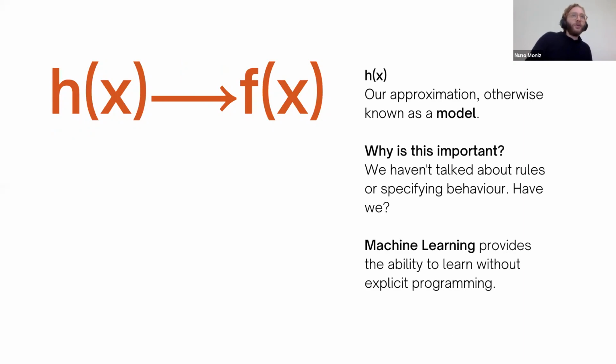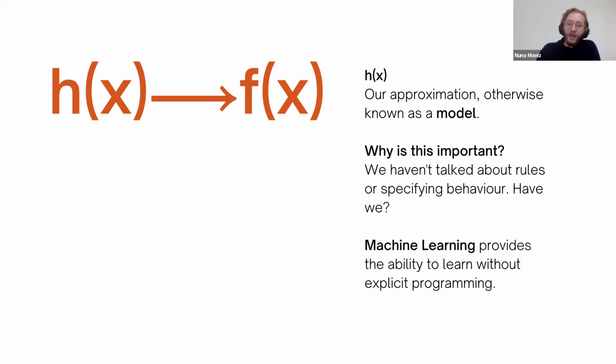And in machine learning, what we do is we try to approximate these functions, what we usually call models. And why is this important? Because so far we haven't talked about any type of rules or coding rules or specifying how they should behave.